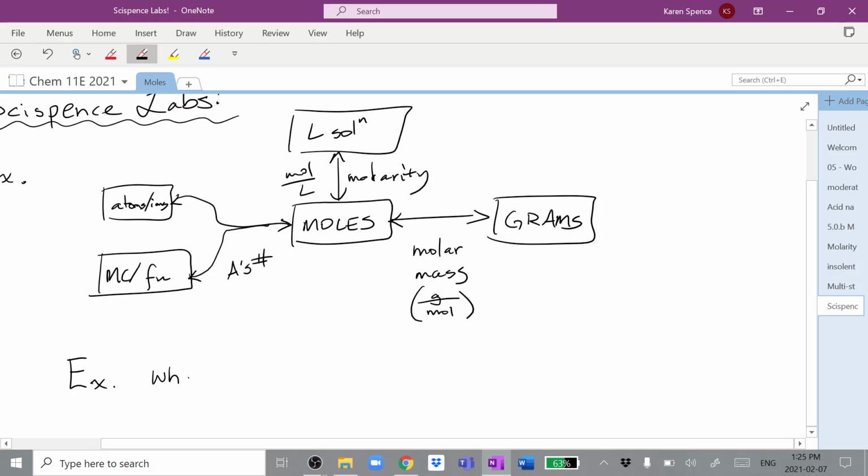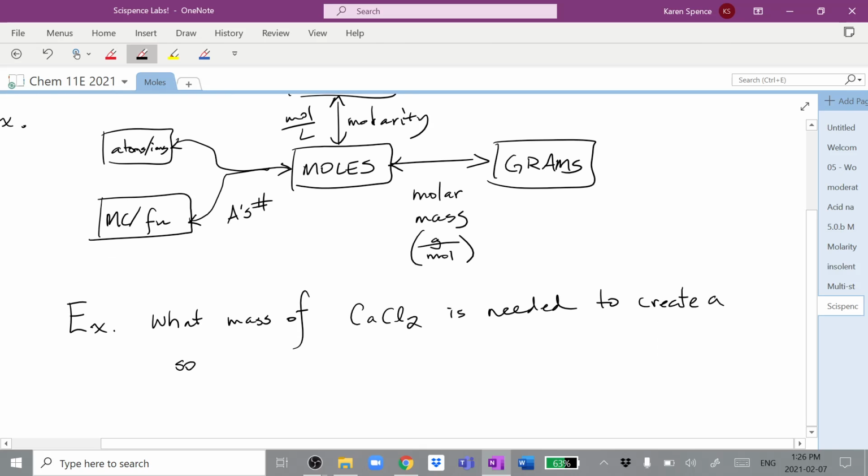All right. So let's say that I have: what mass of calcium chloride, CaCl2, is needed to create a solution of 0.02 molar CaCl2?